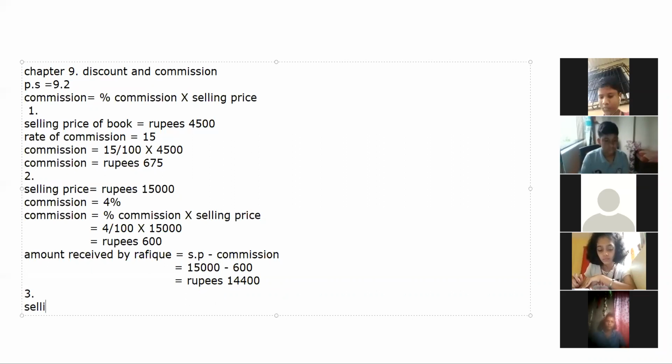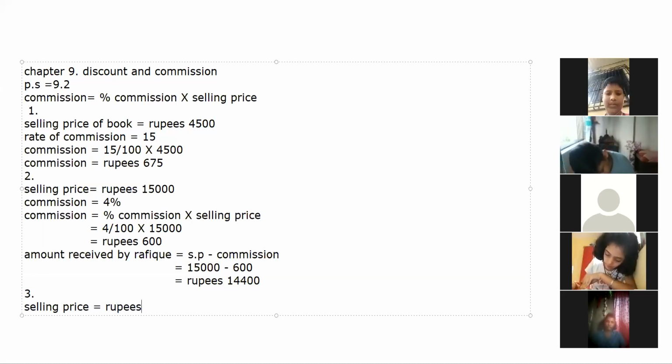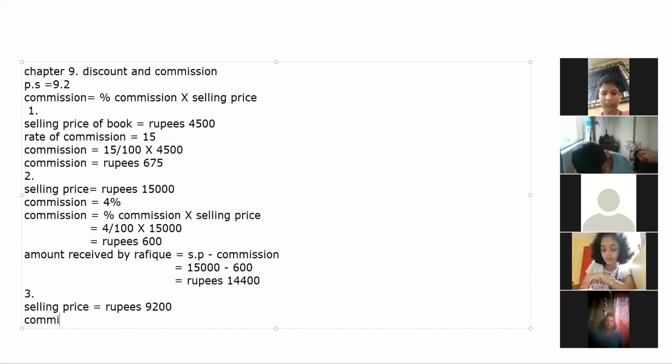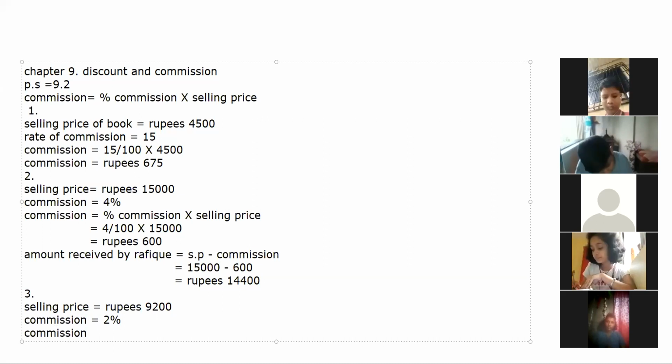So in the third, the given selling price is rupees 9,200. Then commission in percent had been provided, that is 2%. So directly write the commission formula. Commission formula is percent commission into SP, selling price.